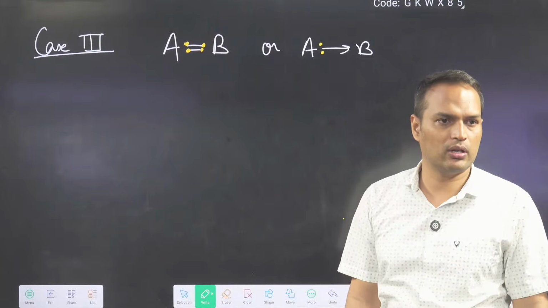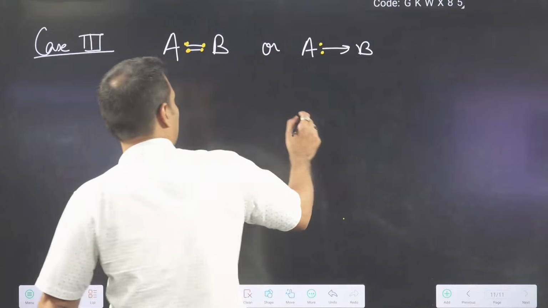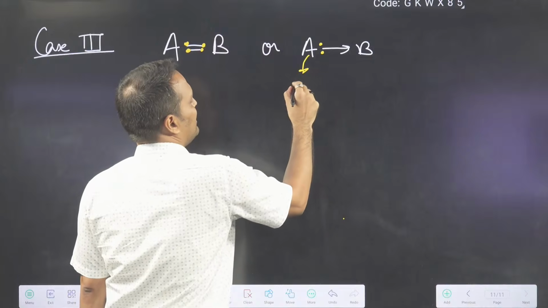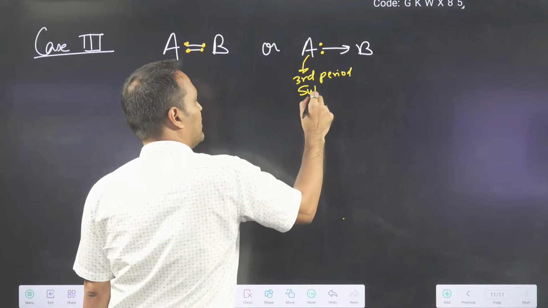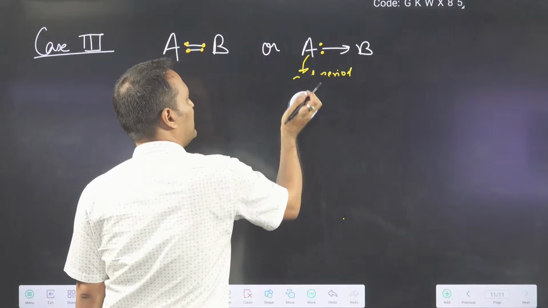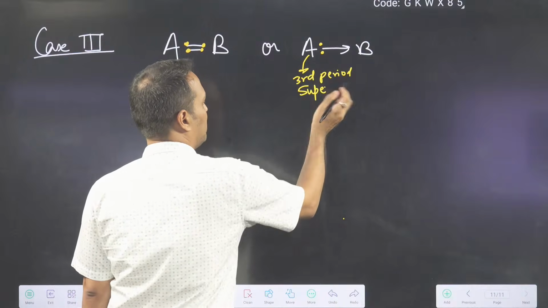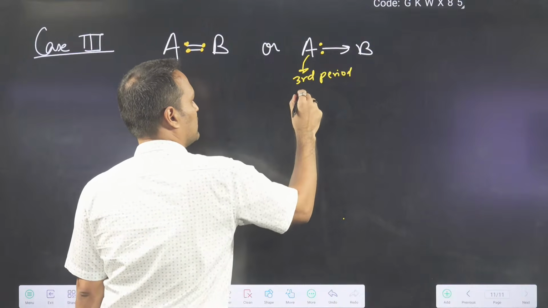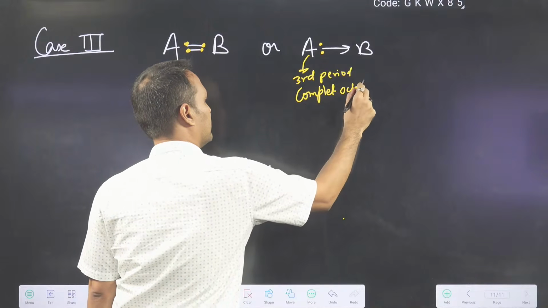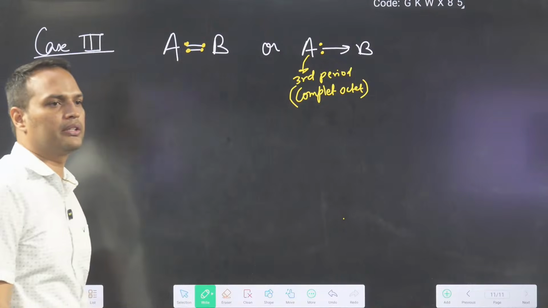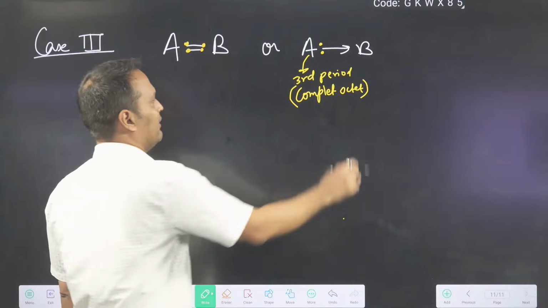Yes, SO3 and all. But in this case, what you have to keep in mind is that this is generally a third period element having a super octet; a complete octet should be there, not less than that, and it will give to the other one.